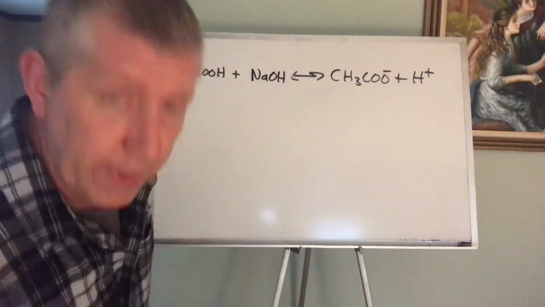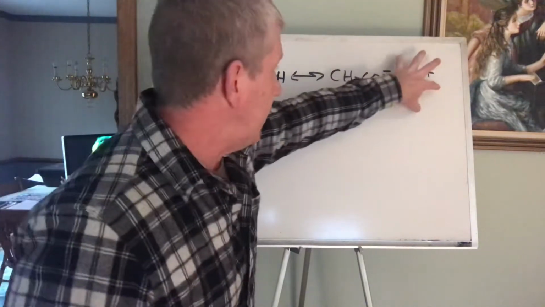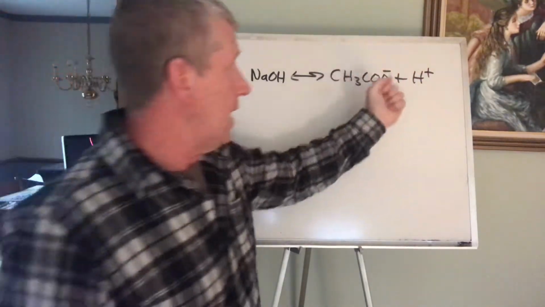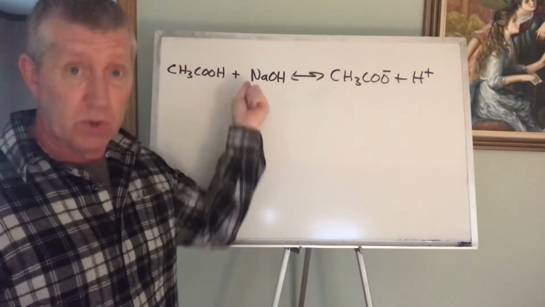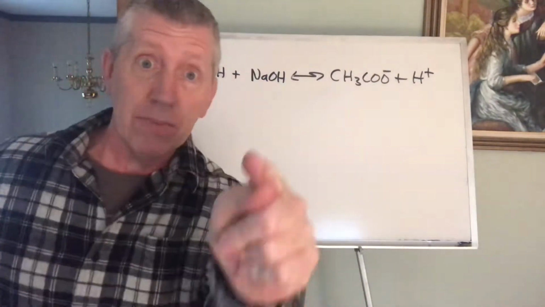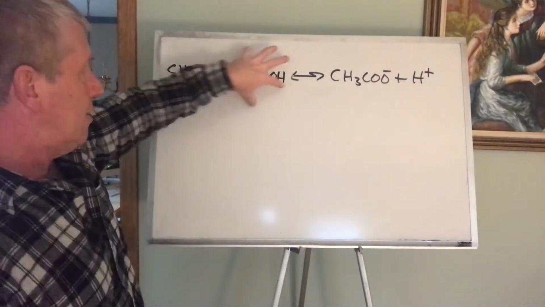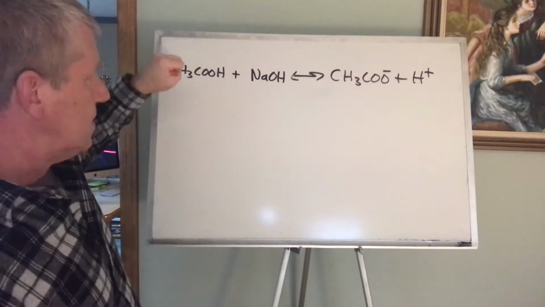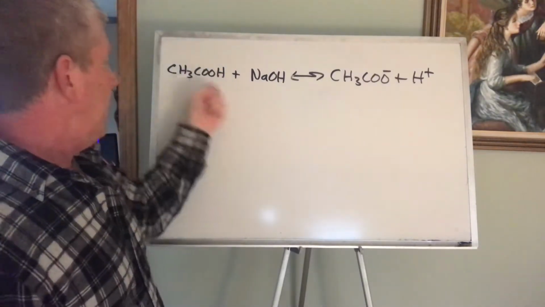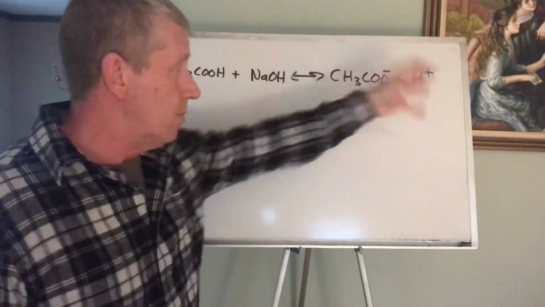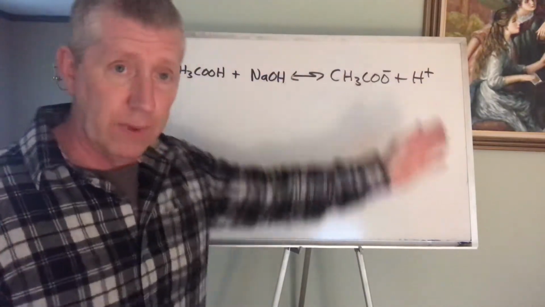Now remember, with the buffers, I already explained, if we add hydrogens, the hydrogens will be grabbed by the acetate and we'll get rid of them by throwing this to the left. If it's hydroxide, sodium hydroxide, which we all remember is a strong base, we add that in, it's going to have to be chewed up by the acid, neutralized. So we'll neutralize that, and now it's going to create some acetate ion and throw the reaction to this direction. So add hydrogens, throw it this way; add hydroxide, throw it this way.